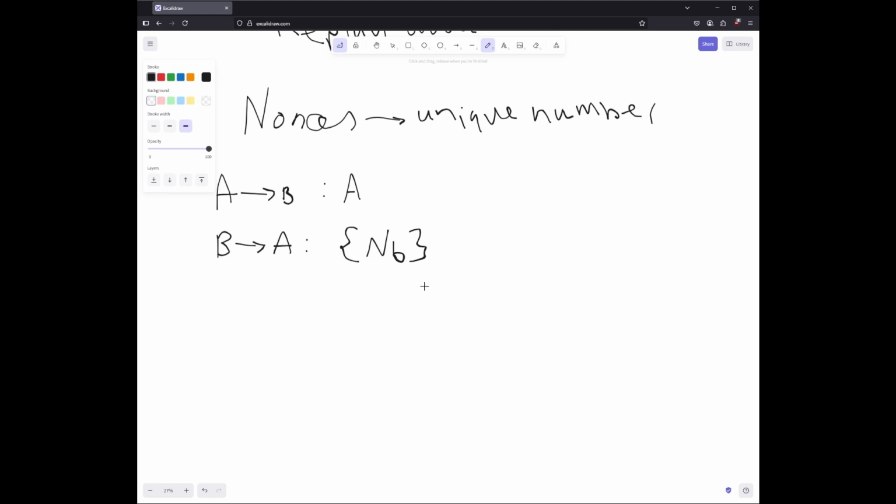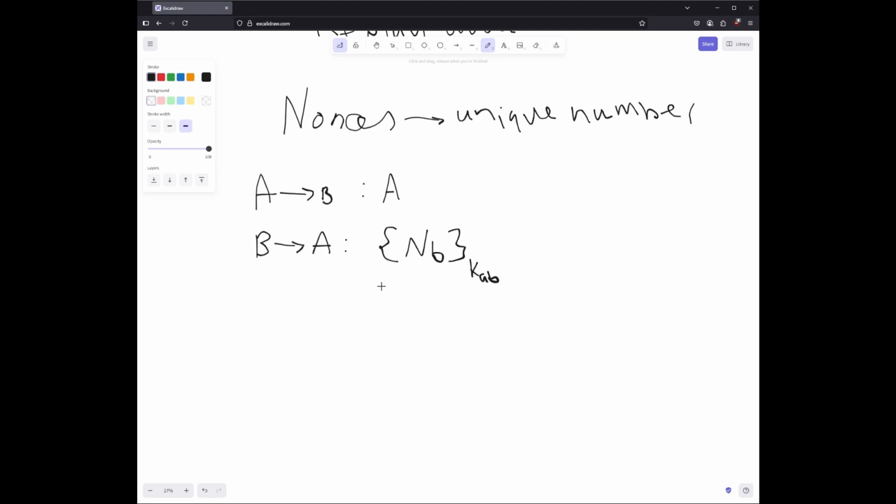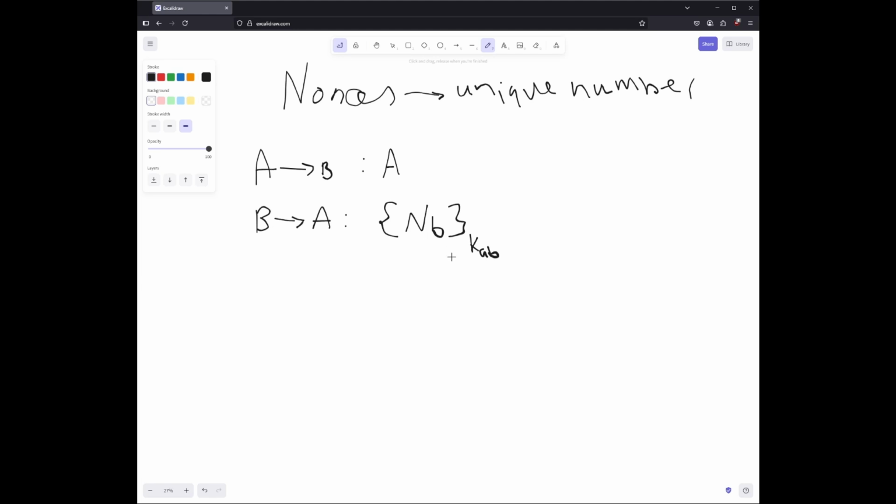So NB is a nonce sent by Bob to A, and this is encrypted through symmetric encryption. Essentially, the point of this is that the person who claims to be A right here, we want to ensure that they are who they say they are.